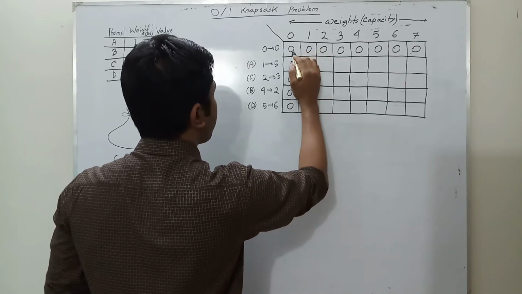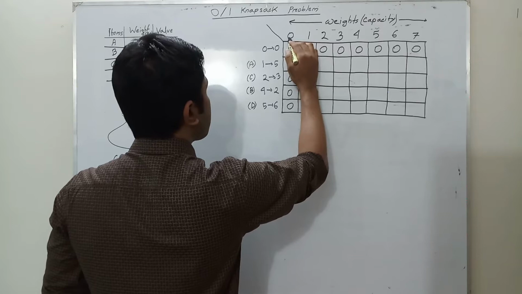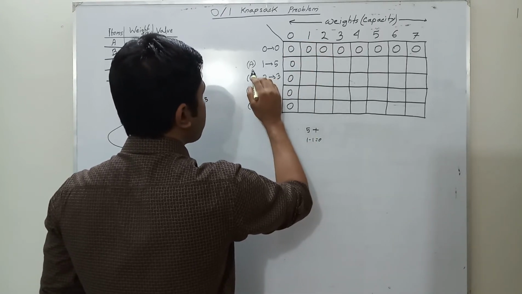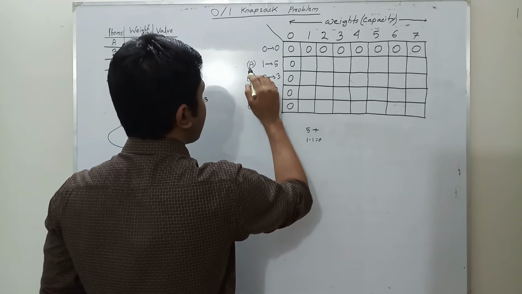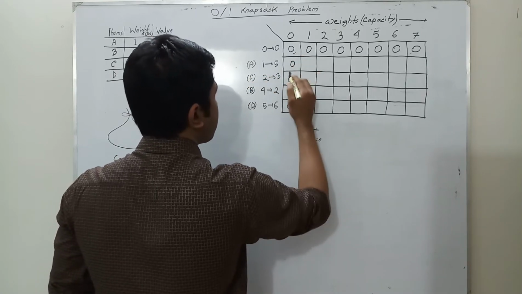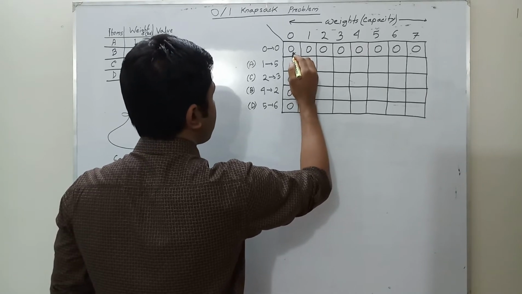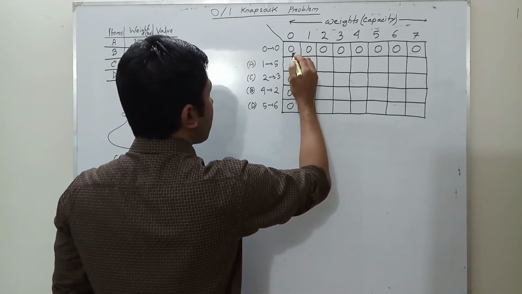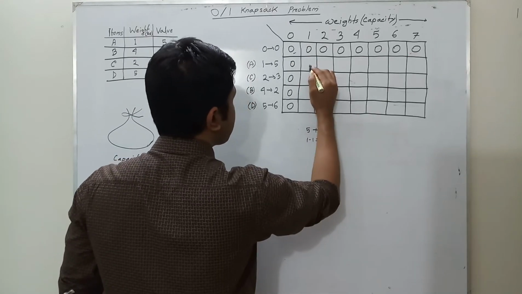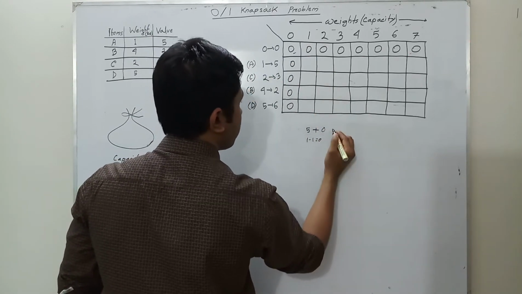As I have used the item A, I don't have any remaining items. This will point to this field, and in this field the maximum obtainable value we know is 0. So for this field, using this item, the obtainable value will be 5.